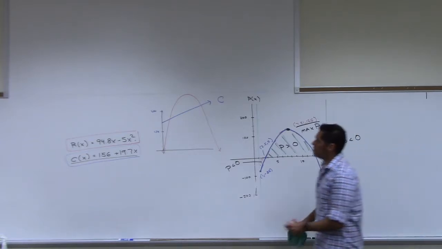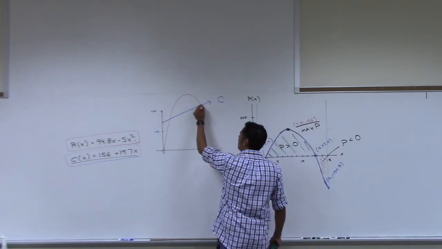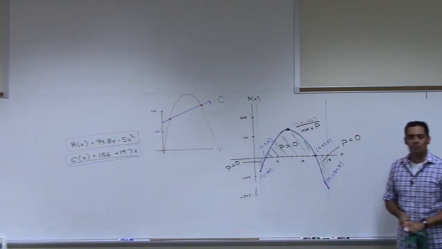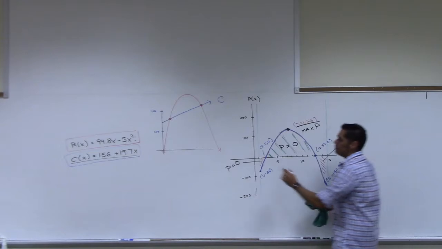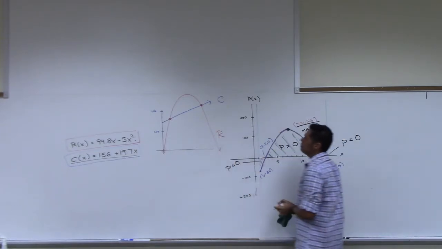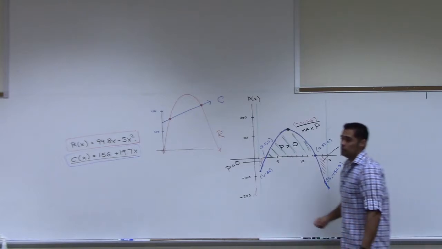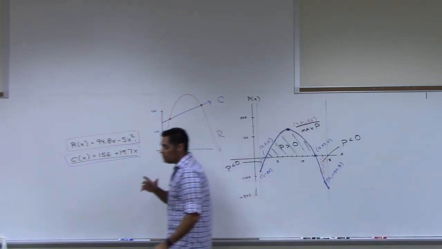And then it asks, what's the significance of those 2 points? This is your revenue function. The blue is your cost.